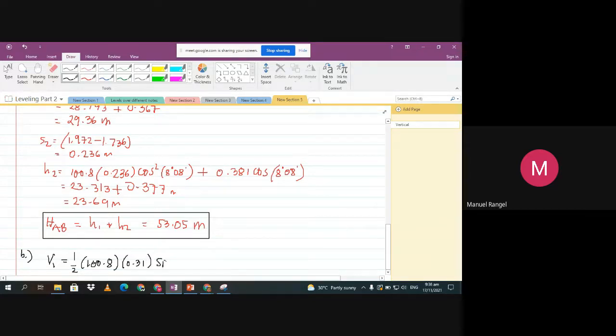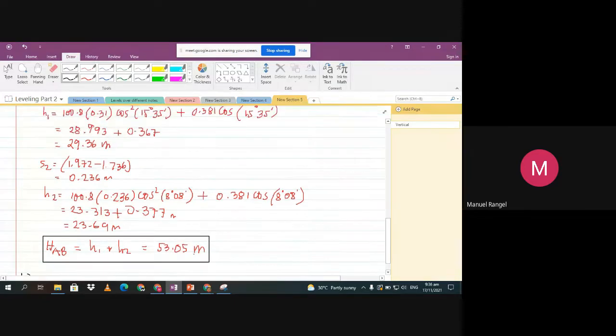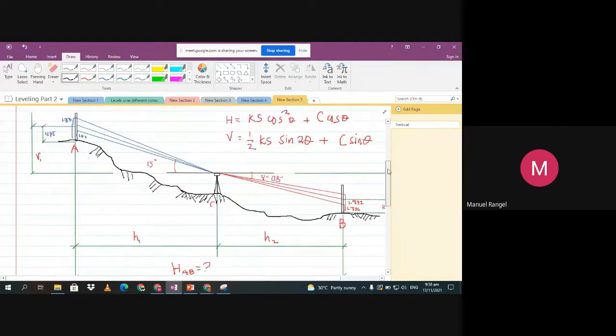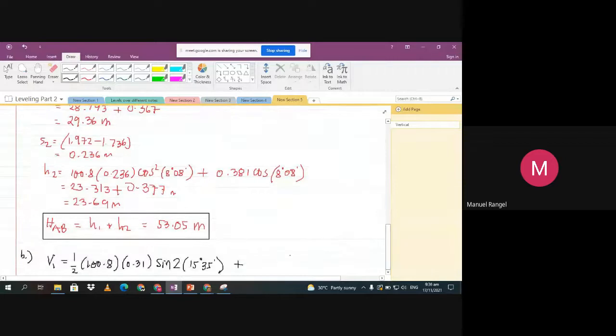Sine of 2 theta of 15 degrees 35 minutes plus C sine theta, 0.381 sine of 15 degrees 35 minutes.